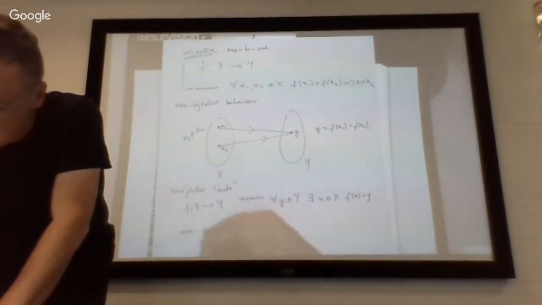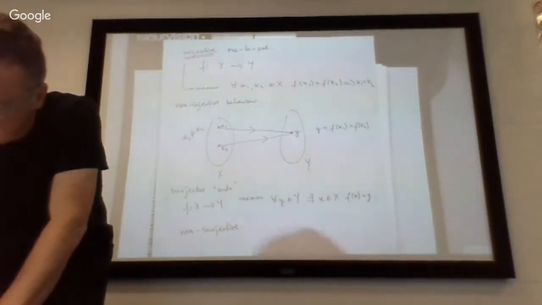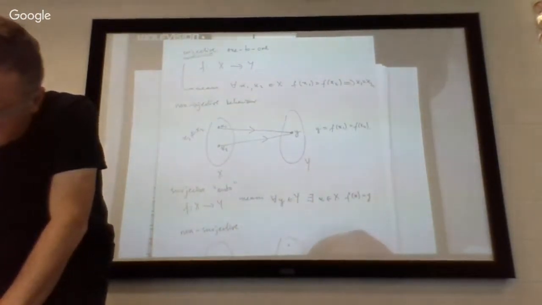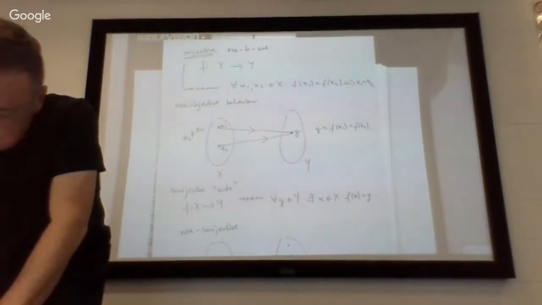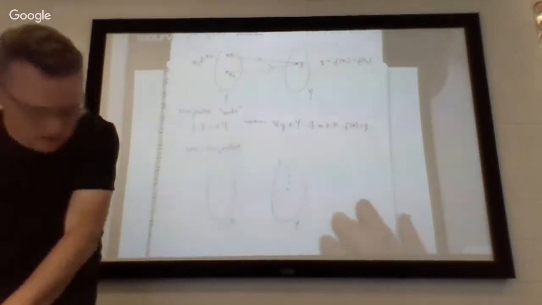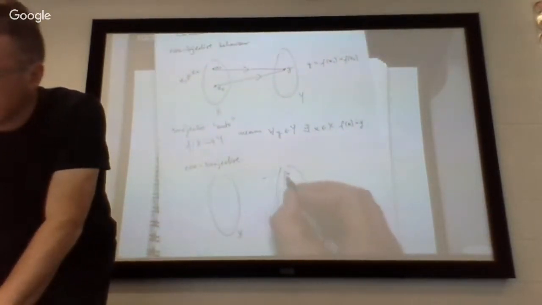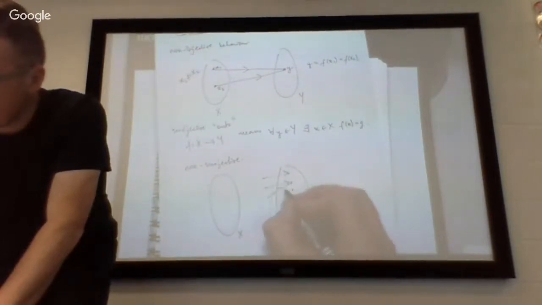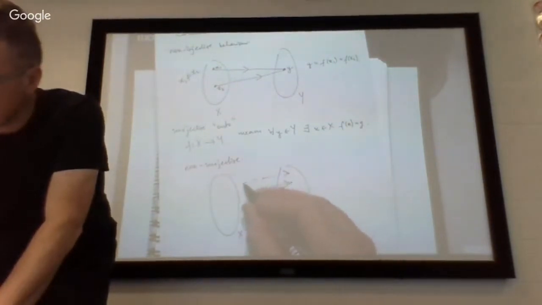So a function that's non-surjective would look something like this. You'd have a bunch of elements here in the codomain, and some of them may have mapping arrows coming into them from the set x.